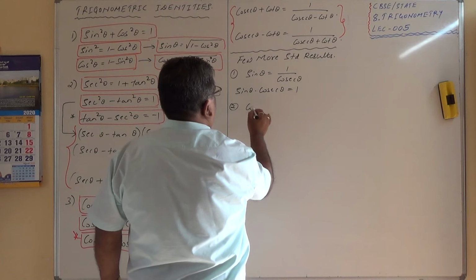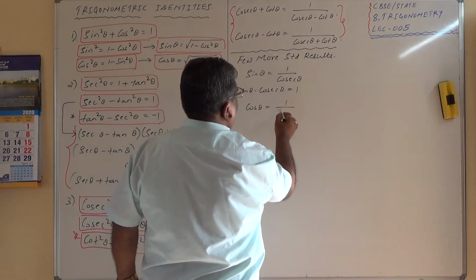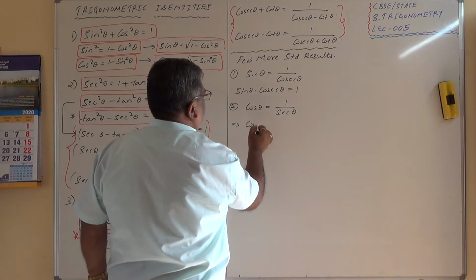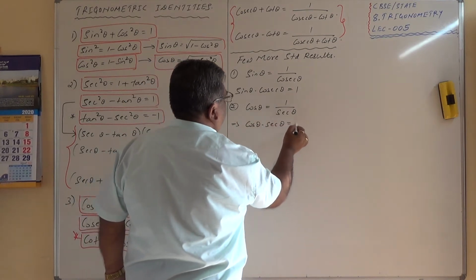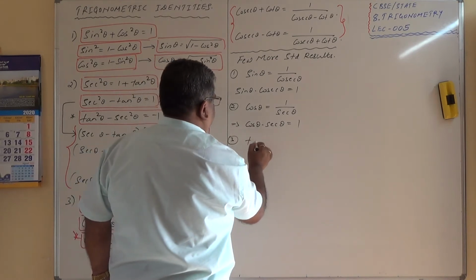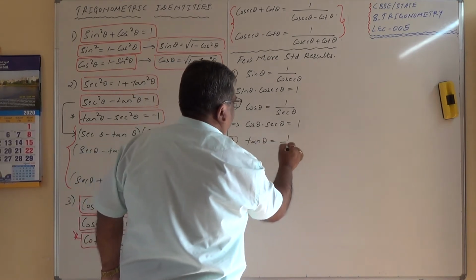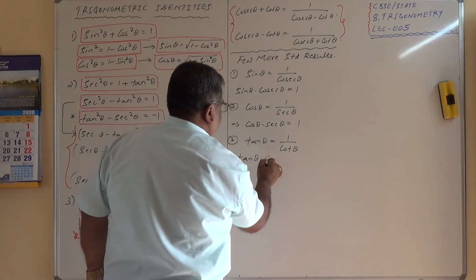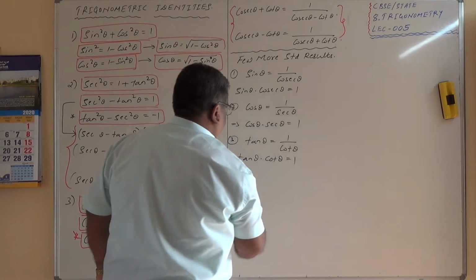Second one, cos theta equals 1 divided by secant theta, which implies cos theta into secant theta equals 1. Third one, tan theta equals 1 divided by cot theta, so tan theta into cot theta equals 1.